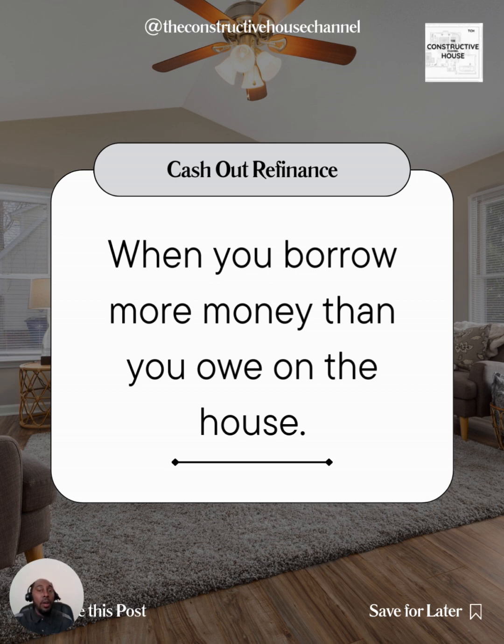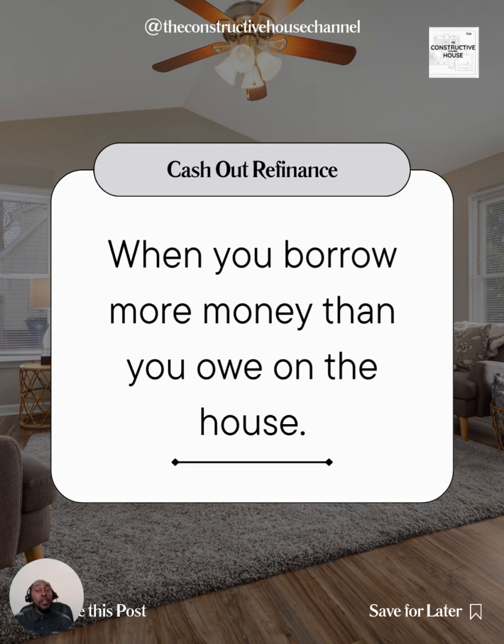Maybe you want to add another car in the driveway, so you want to expand your driveway. Say you want to get another garage put on. Say you just want to improve the roof or whatever those home improvements may be. Or like I said, you may want to actually make a down payment on an investment home. If you have enough ownership, aka equity, a cash out refinance may be the way to go.